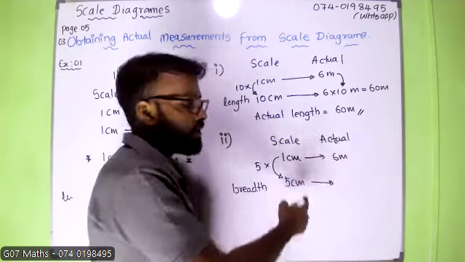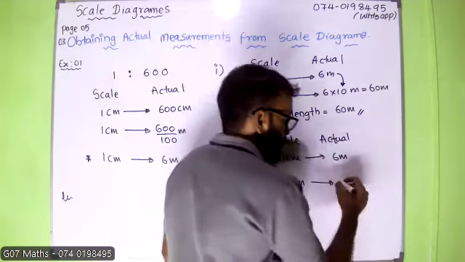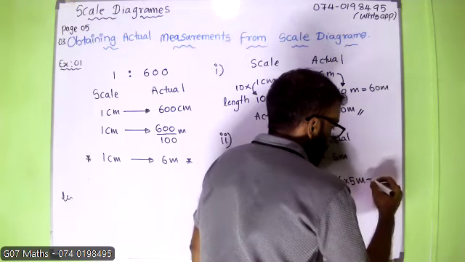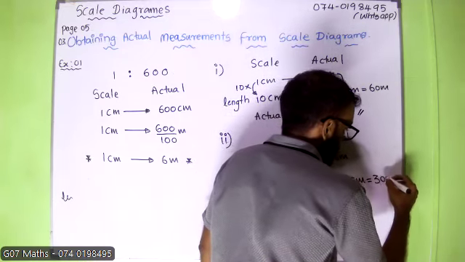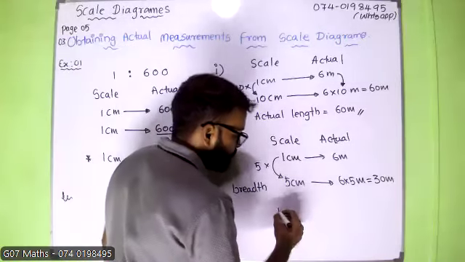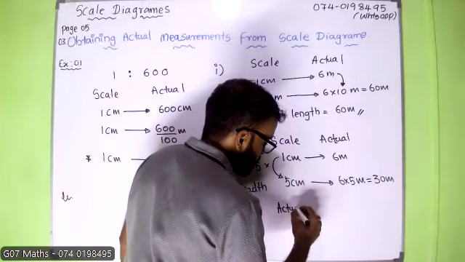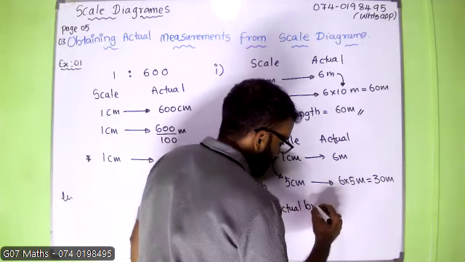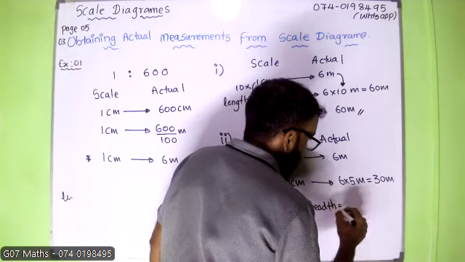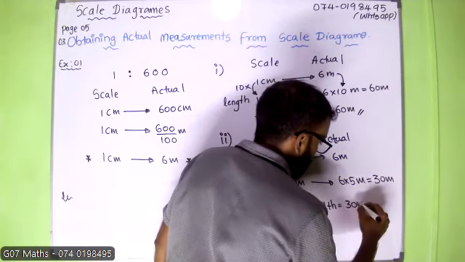So you have to multiply 6 by 5 as well. 6 multiplied by 5 meters, total is 30 meters. So finally you can write down the answer: actual breadth equals 30 meters.